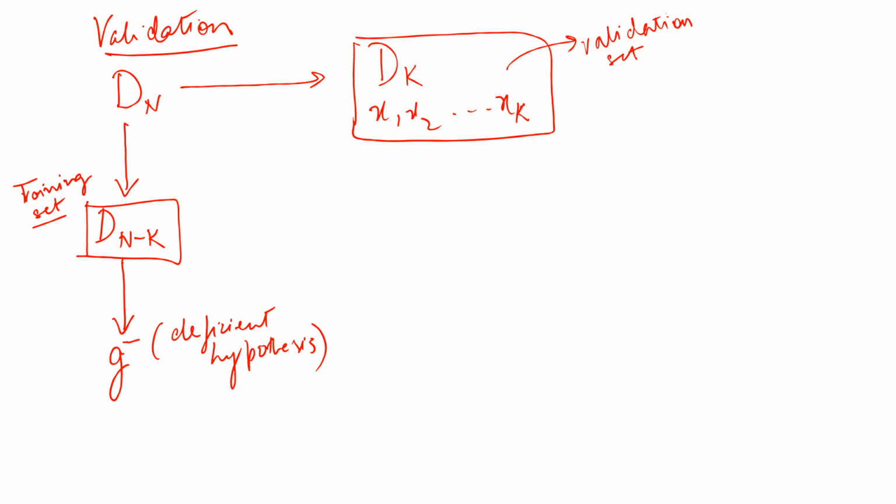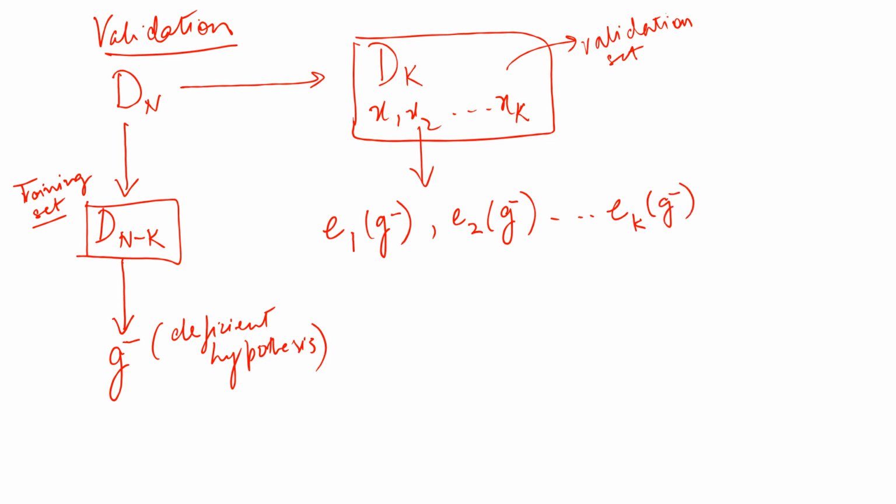In fact, we are trying to simulate that real world, but with a deficient hypothesis, and hence a deficient data set. So I'm going to again calculate the errors we calculated in the previous one, which is e1 calculated on this deficient hypothesis g negative, then e2 on g negative, and so on up to ek on g negative.